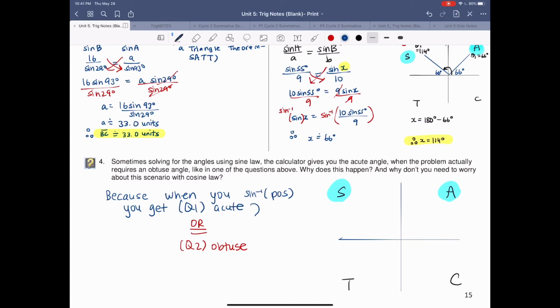And therefore, keep in mind when you're creating a triangle, it's totally acceptable for you to get an acute angle or an obtuse angle. Because an acute angle and an obtuse angle are both acceptable angles when creating a triangle, you have to double check and make sure that you're getting the angle that you actually want, like we saw here.